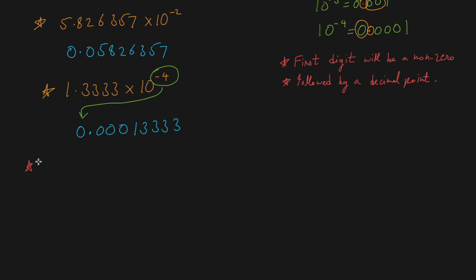So here we will write values greater than 1, and we have values less than 1.